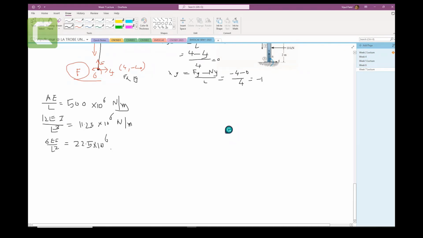I hope you know what I'm doing. 4 EI on L gives me 60 times 10 raised to 6 newton meters. 2 EI on L, we got 30 times 10 raised to 6 newton meters.